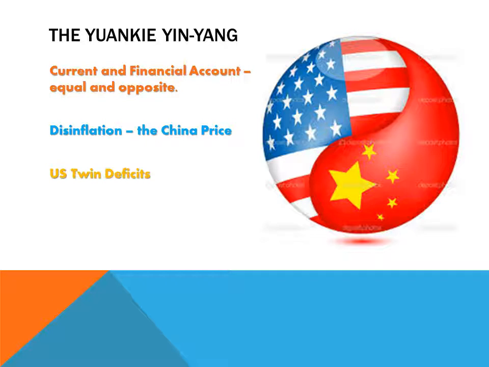I said earlier that America has twin deficits. It spends far more than it gets in taxes as a government, as well as spending more on imports than it sells in exports as a nation. Now, these are connected because in order to finance its massive government deficit, the government has to keep issuing bonds. But the Chinese, amongst others in the global saving countries, particularly Asia and the petro-fueled economies, over the last 15 years have been buying lots and lots of American debt.